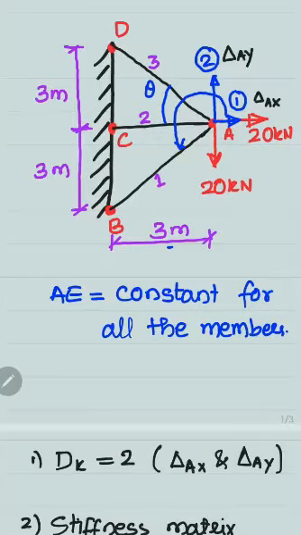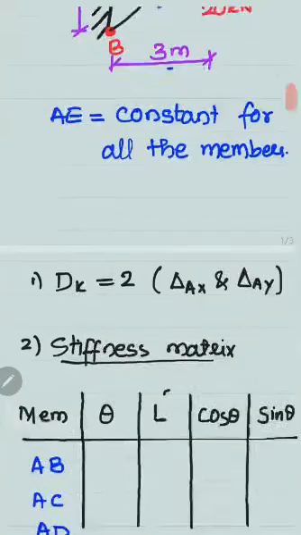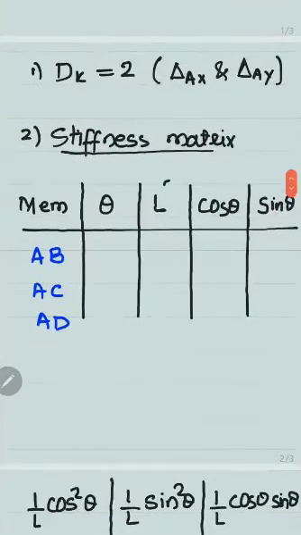The total angle for AB will be 180 up till here, plus 45. So the AB member will be 225 degrees.